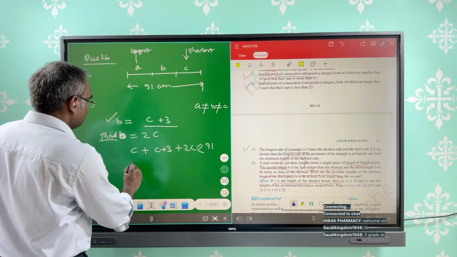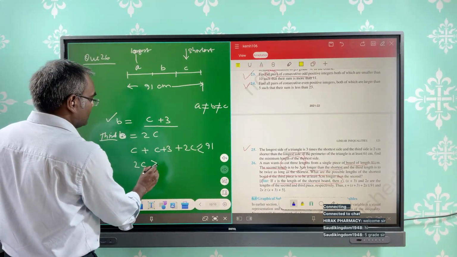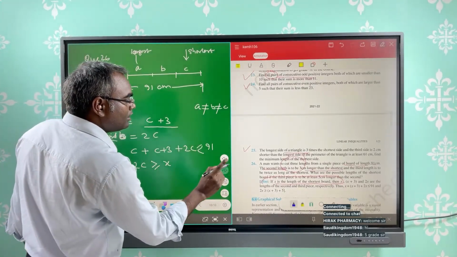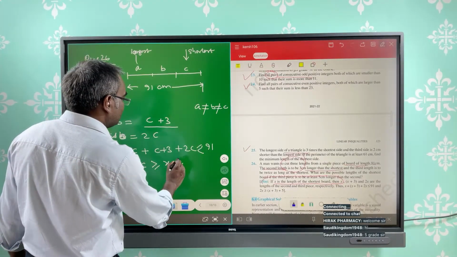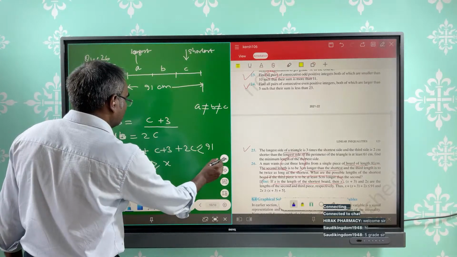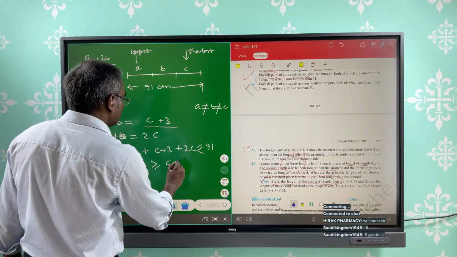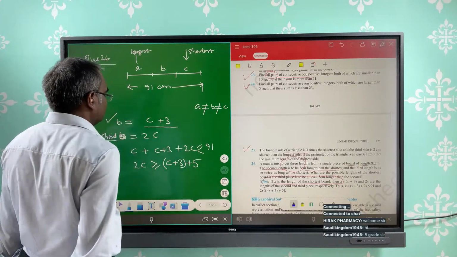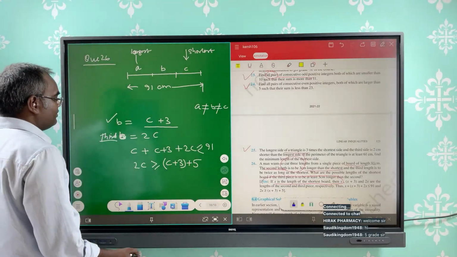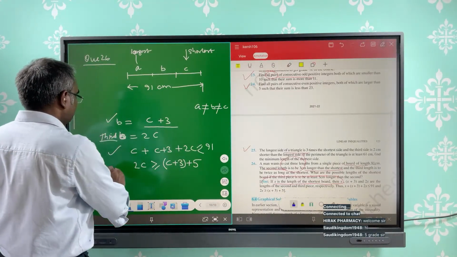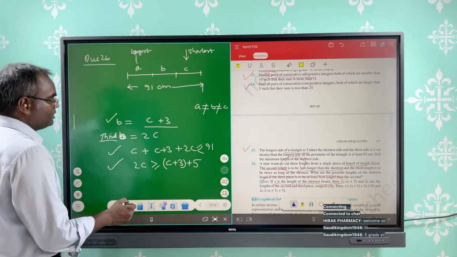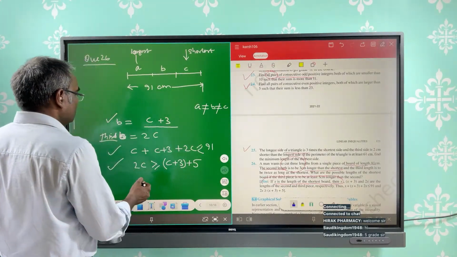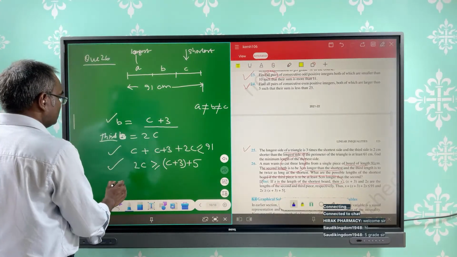Third piece, that is 2c, is greater than or equal to the second, c plus 3, plus 5. So we have these inequalities, right? We have to solve this, to find the value of c.